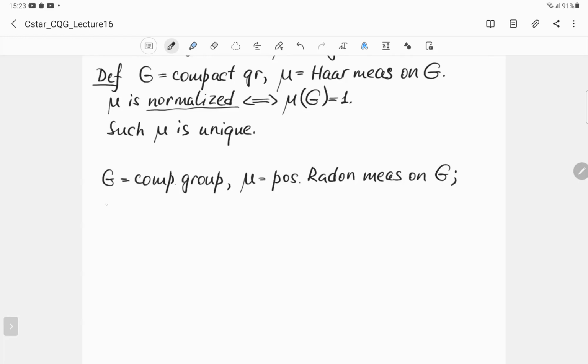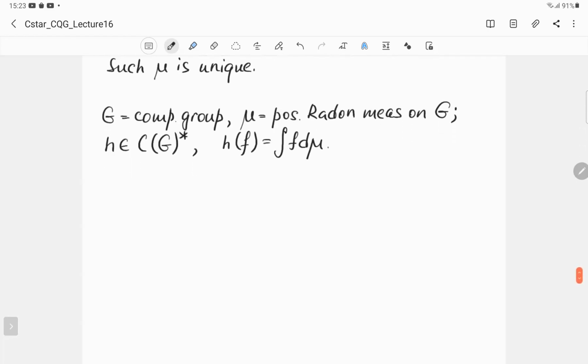We denote by h the respective functional on C(G), which takes each function f to the integral of f with respect to mu. Also, we introduce some notation. When I don't write explicitly the integration domain, I mean that we integrate over G.